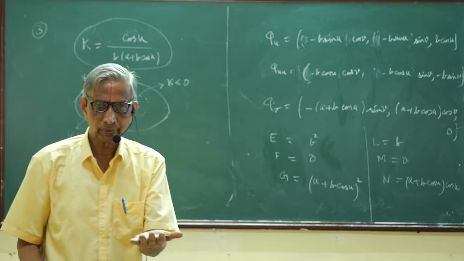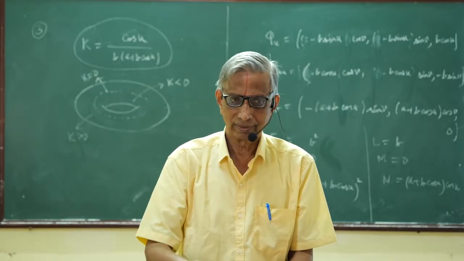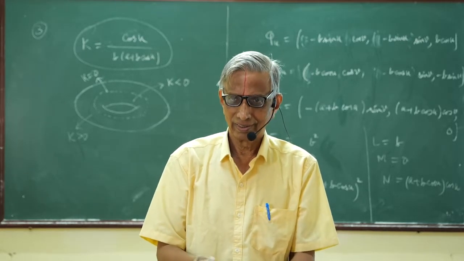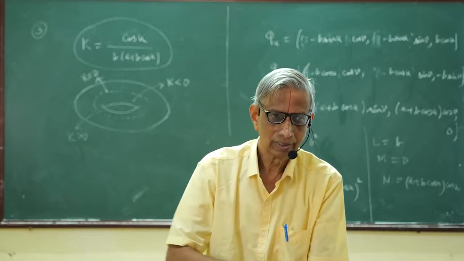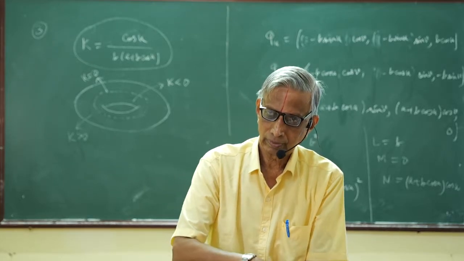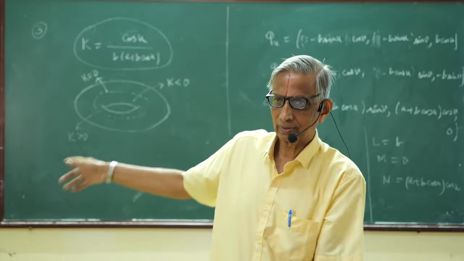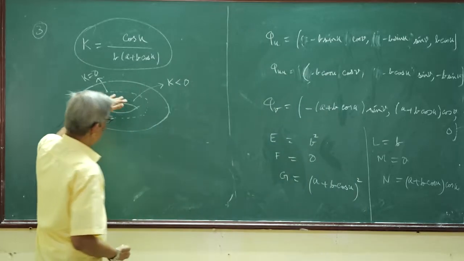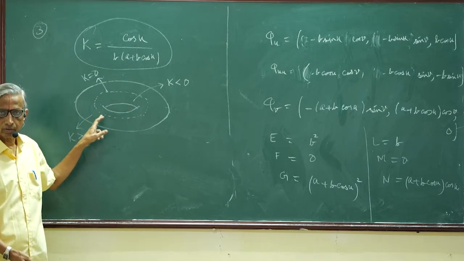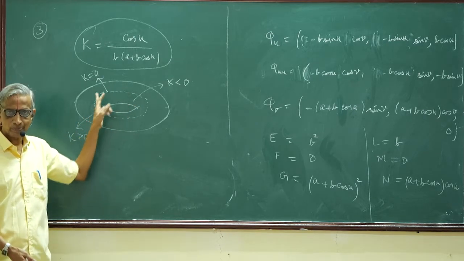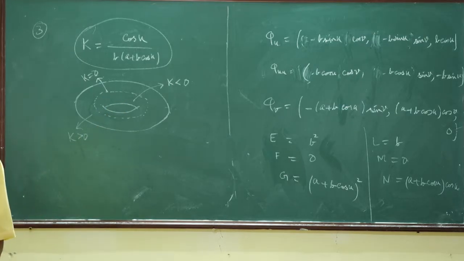If you keep your playing ring, whatever it is called, on a flat surface, the points of contact of the ring and the plane will be a circle. So you have two circles of that type, one on top, one at the bottom. At all points on those circles, the curvature is 0.